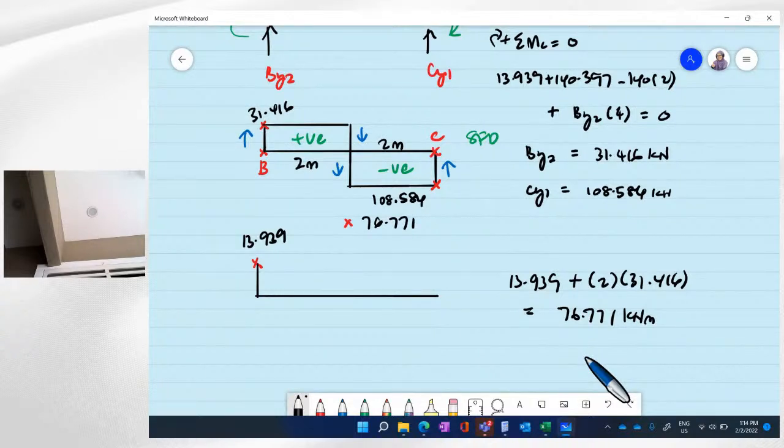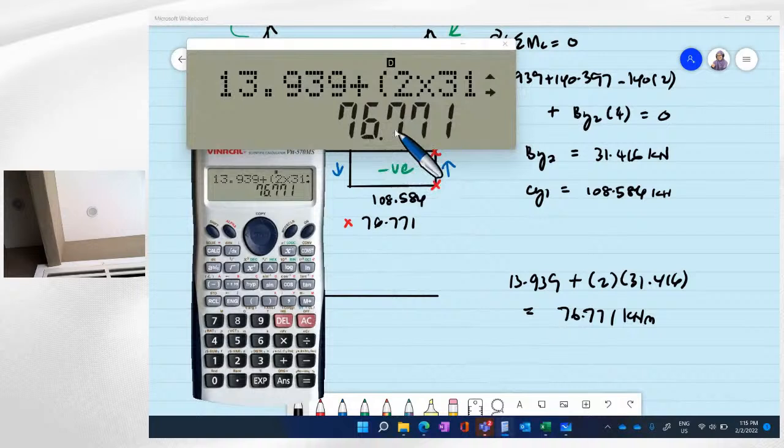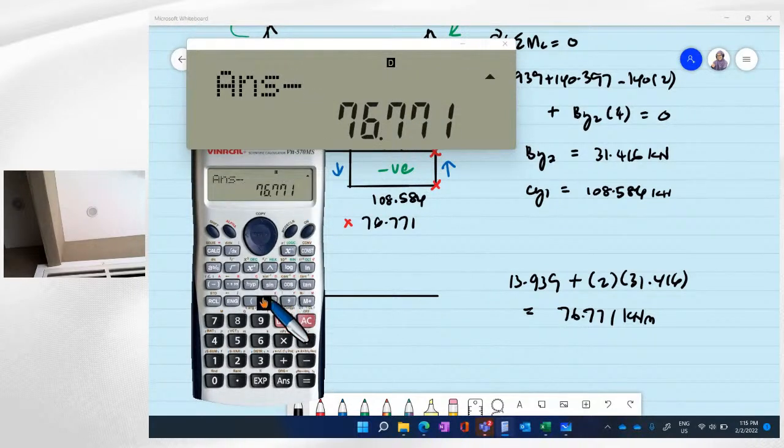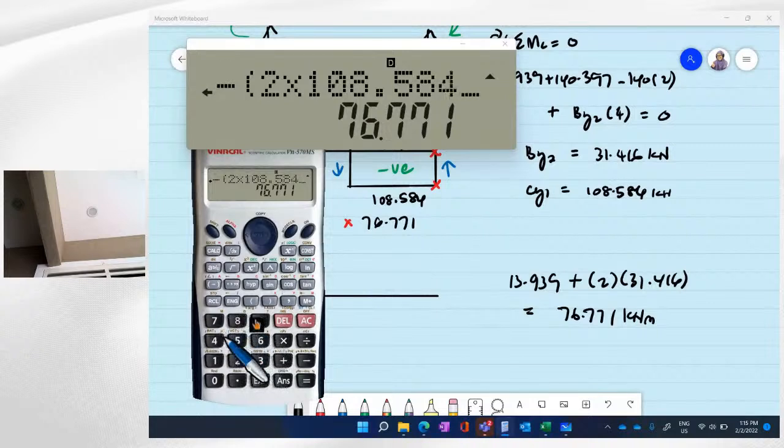Okay, and for the next value we have to minus this. Minus this means that 76.771, we have to minus 2 times 108.584.